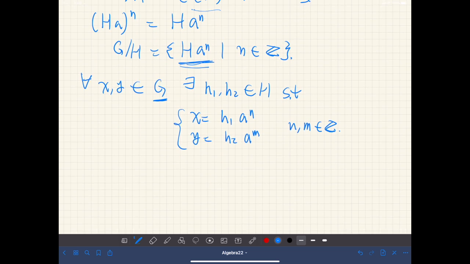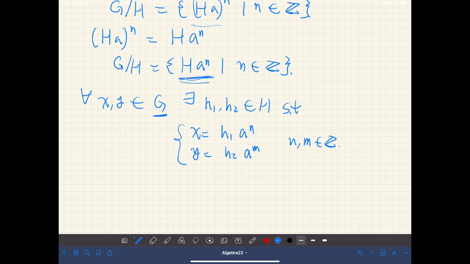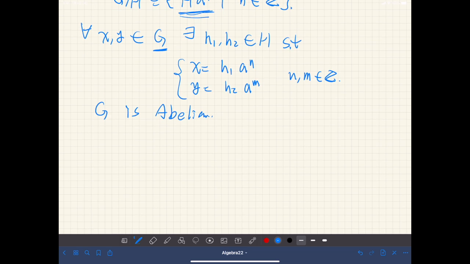Now, if this is the case, then we can say that the group G is actually abelian. So to see this, multiply x and y, then that is h1 a^n h2 a^m.